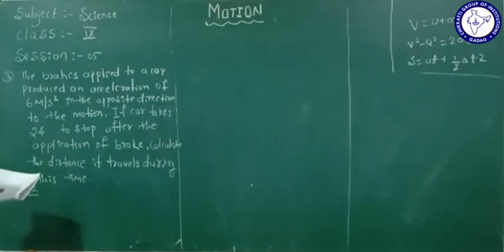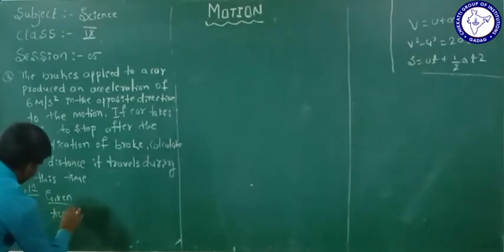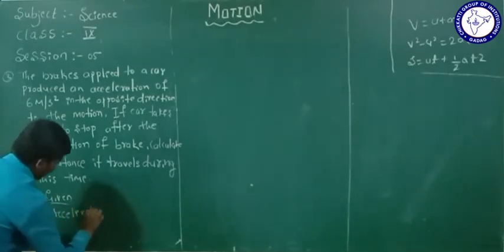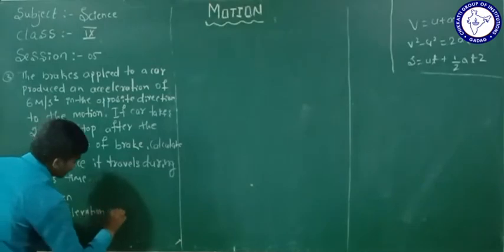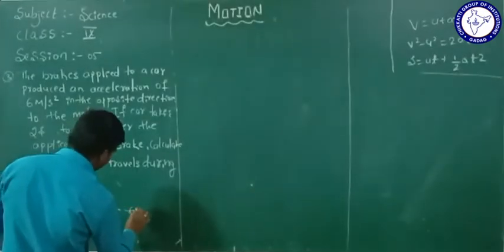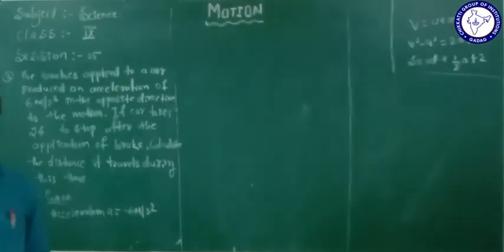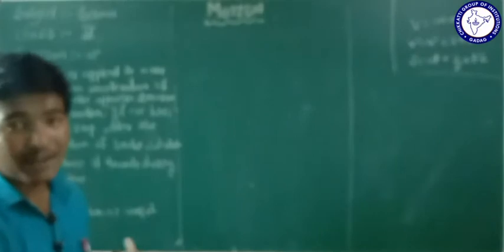Write down the given data here. Given, acceleration A is equal to, I am taking here, minus 6 meter per second square. Then the question arises in your mind, why do I take the acceleration as negative?